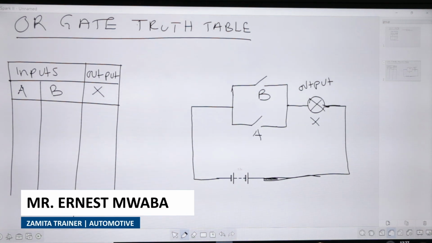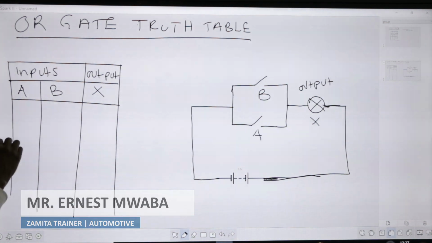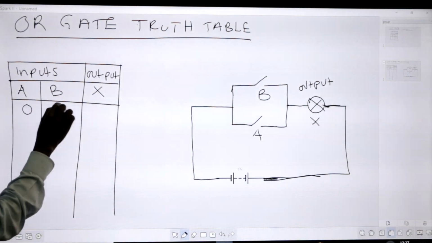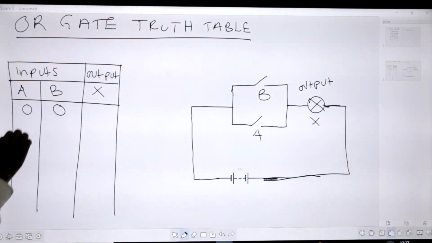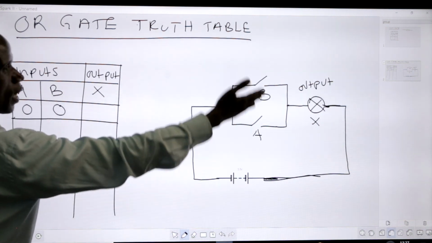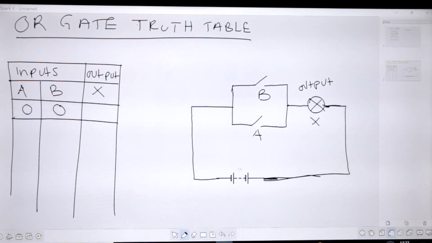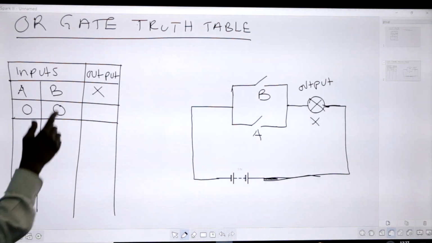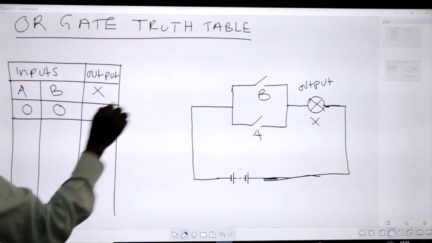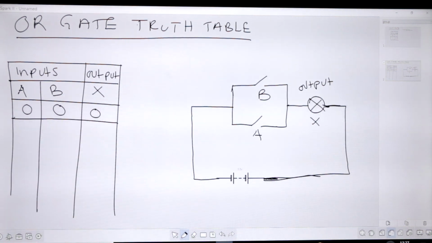The most obvious is where all of them are at logic level 0. Both of them are off. Meaning, if you look at the circuit, both of them are open. In this case, it means that the bulb is going to remain off, so it's 0.